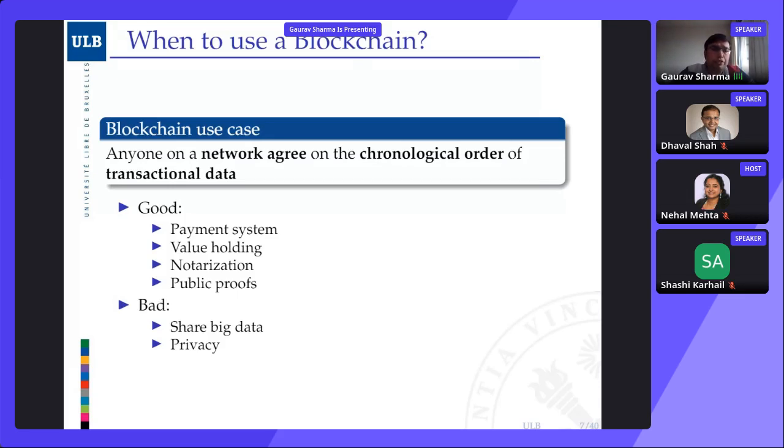In some situations, like payment systems, notarizations, public proofs, value holdings, blockchain has some good use cases. And there are some use cases which are in production, so we can say yes, it is adopted very well. But in some use cases, like when you are sharing big data and addressing privacy issues, blockchain is not a very good choice if you don't make significant modifications in the underlying system.